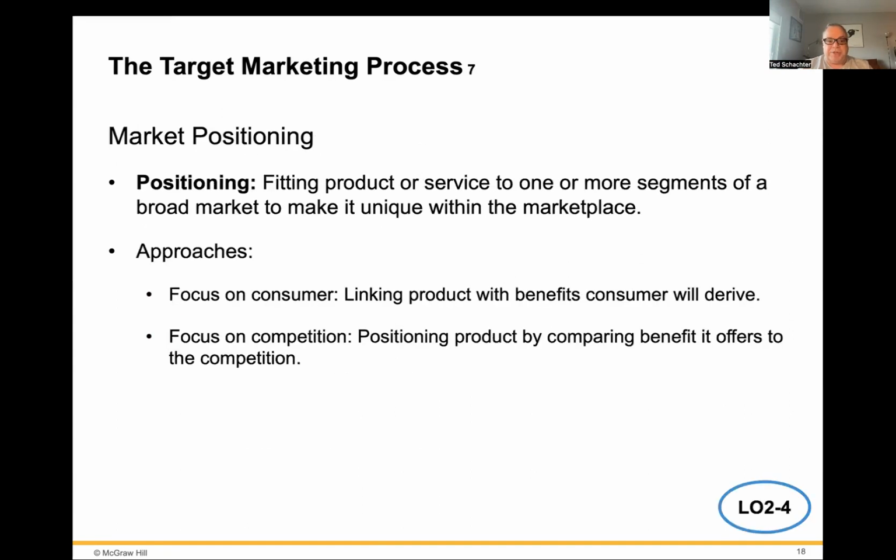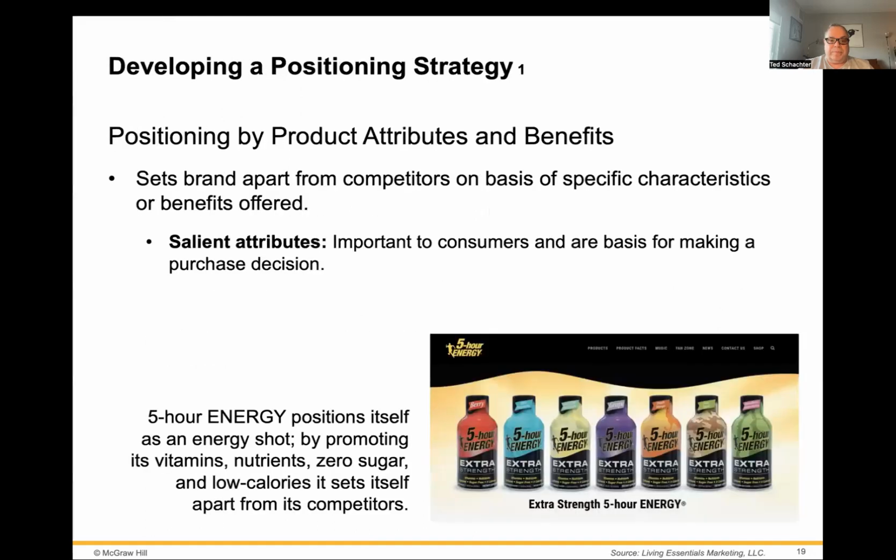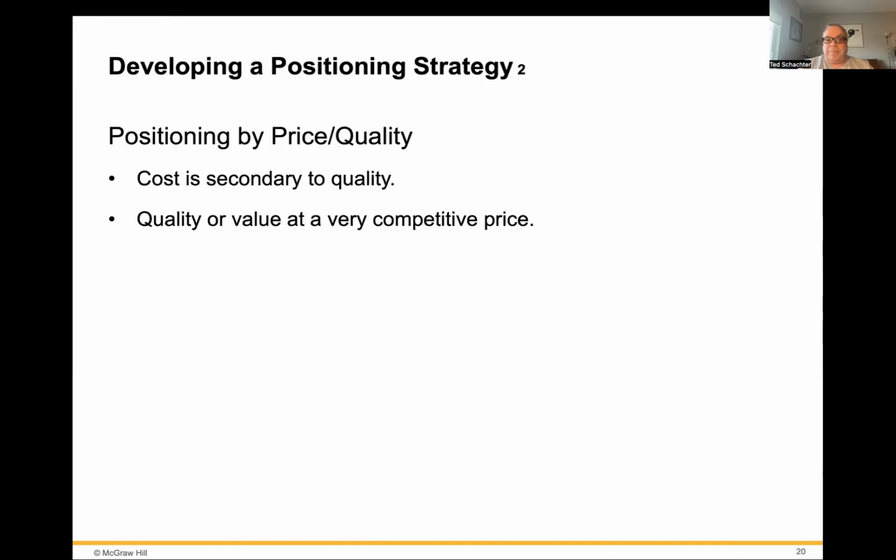We discussed positioning. You can position by price and quality. Notice it's not price alone, it's price quality. What does that mean? That means you get a very high quality for a very fair price, not low, but fair. And that is the value proposition.